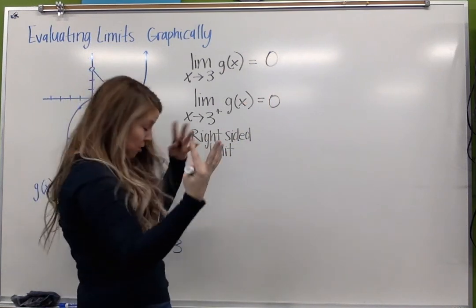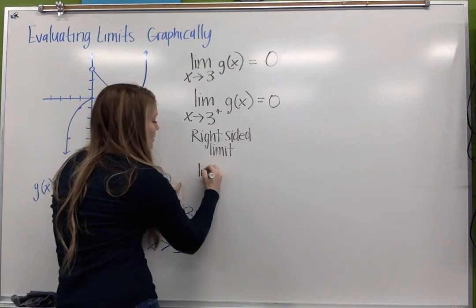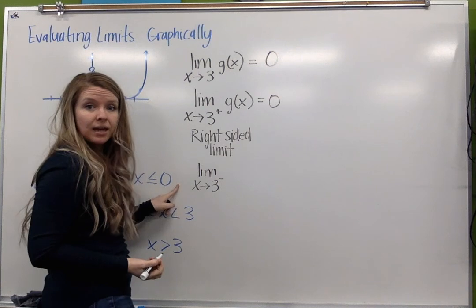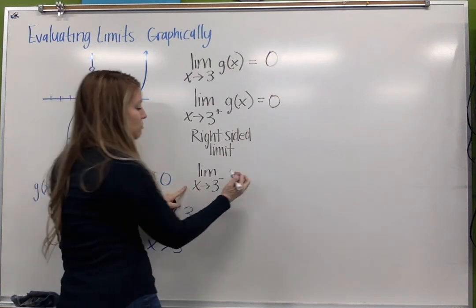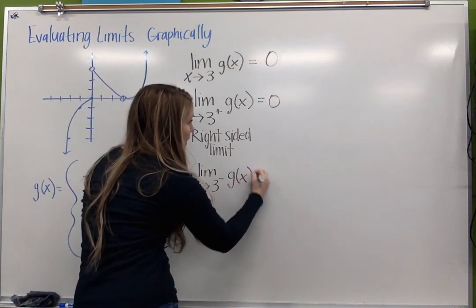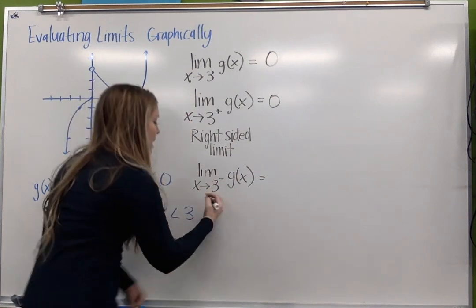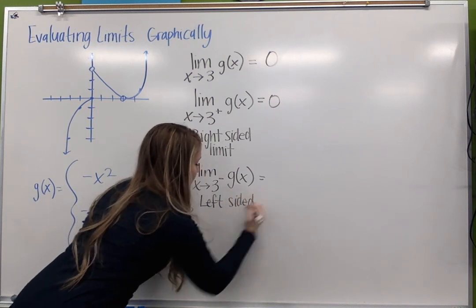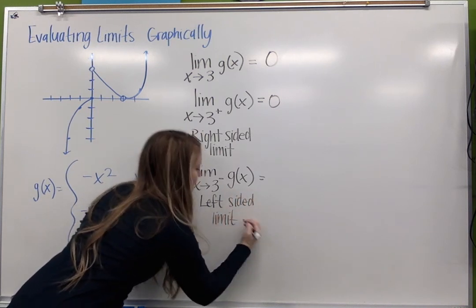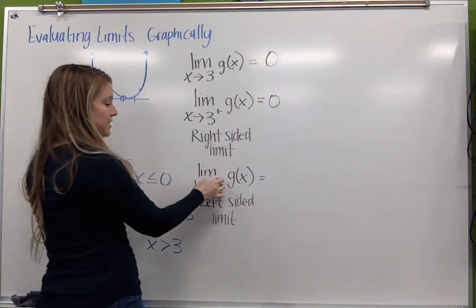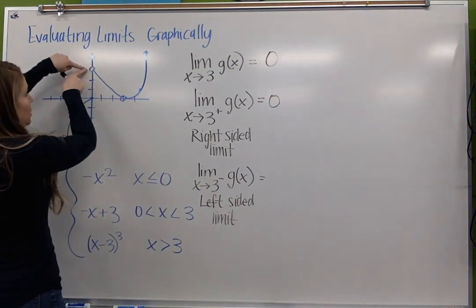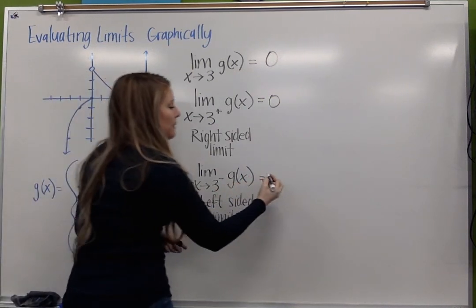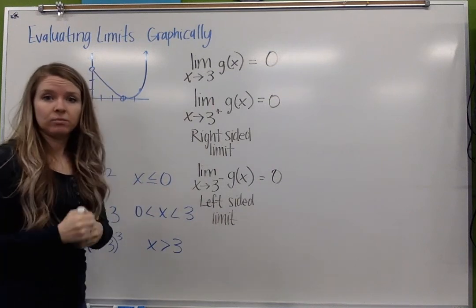On the same thought process, if we have the limit as x approaches 3 with a minus sign of g of x, that minus sign makes this a left-sided limit. As I come in from the left side, what is my graph approaching? As I come in from the left, as I get closer and closer to 3, we're still approaching 0.